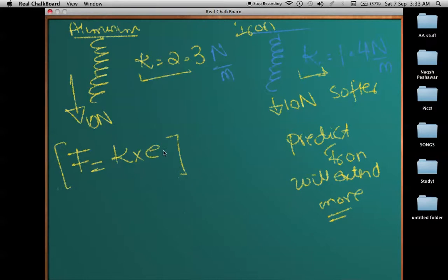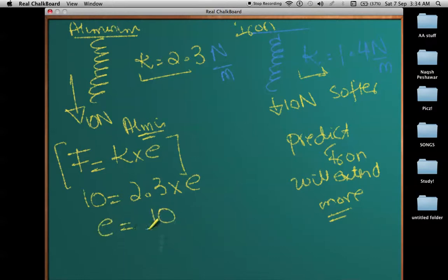Now we have to find out the extension. So just simply put in the values. 10 is equal to, let's say first we're doing it for aluminum, 2.3 times extension. So E is equal to 10 divided by 2.3.